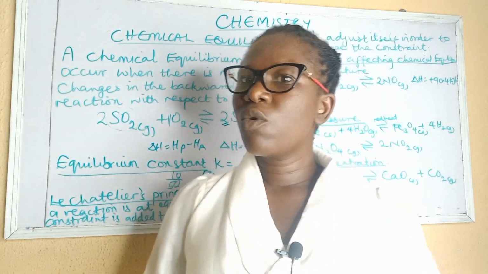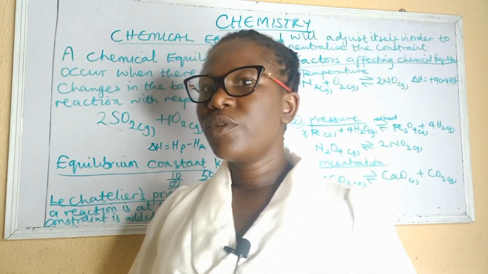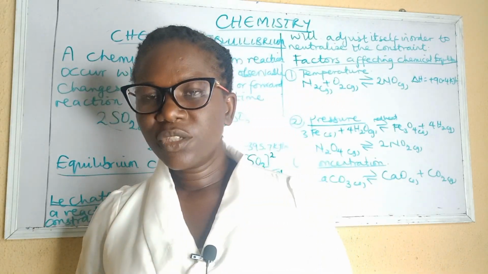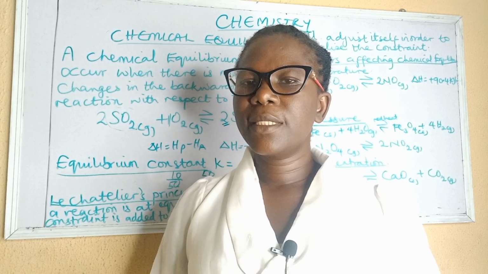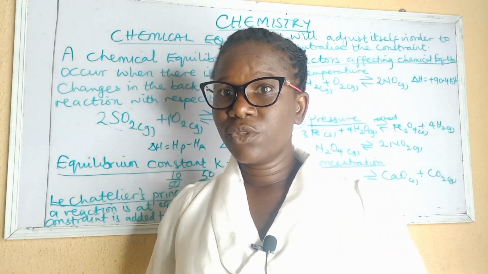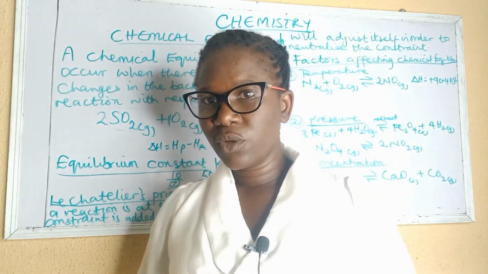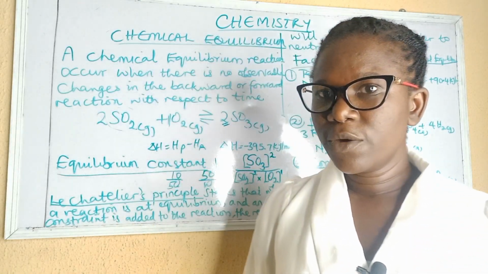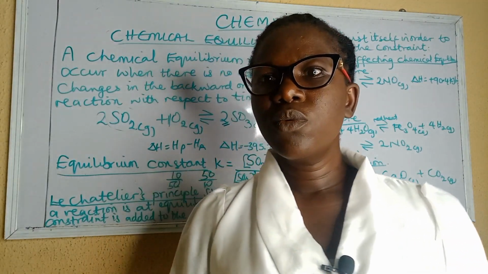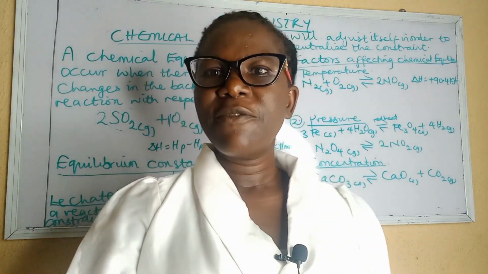That is, when a reaction is going on at equilibrium, there are no changes, both forward and backward reactions are occurring, nothing is escaping, and the reaction is not stopping. In that case, if you try to impose an external constraint, like changes in temperature, whether increase or decrease, changes in pressure, increase or decrease, or concentration, the reaction will quickly adjust itself in order to neutralize this effect.